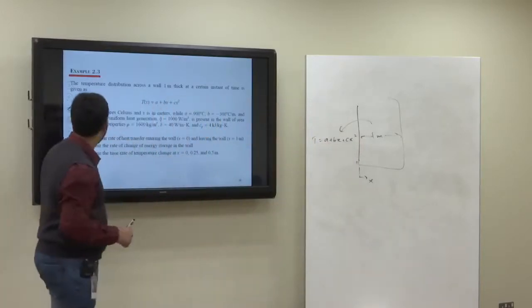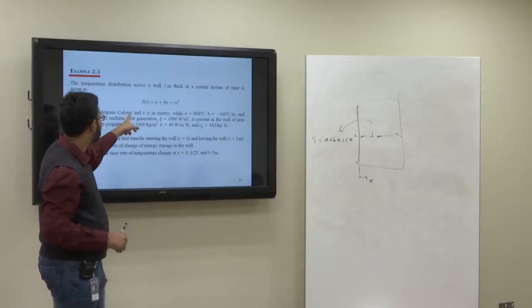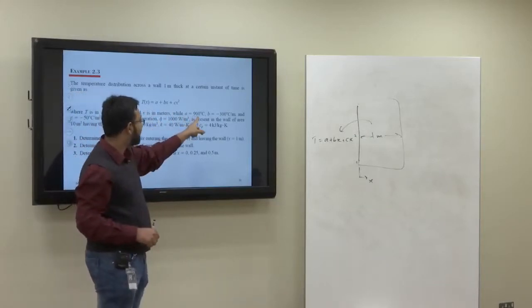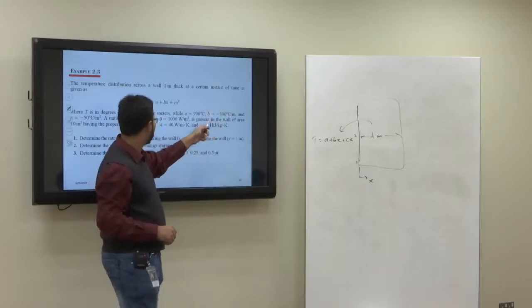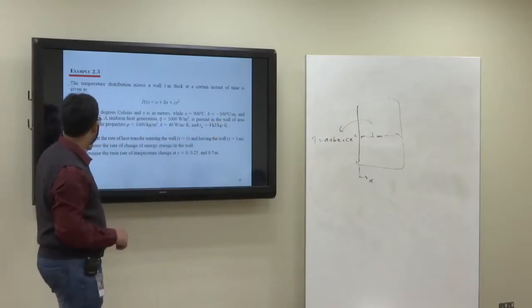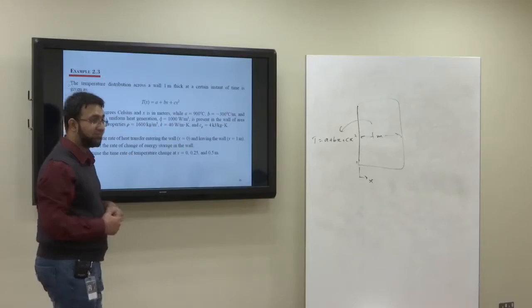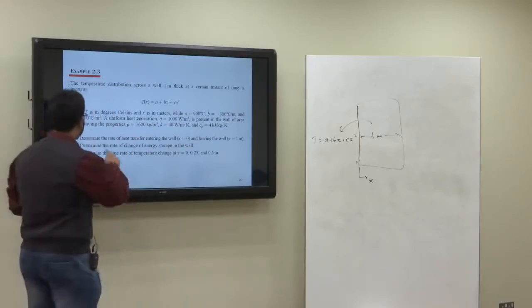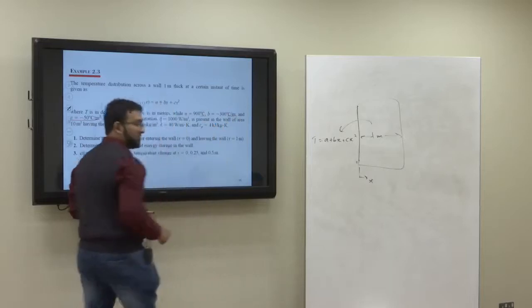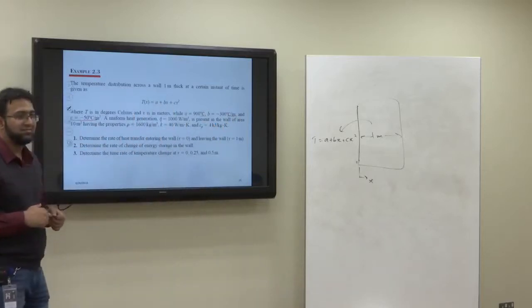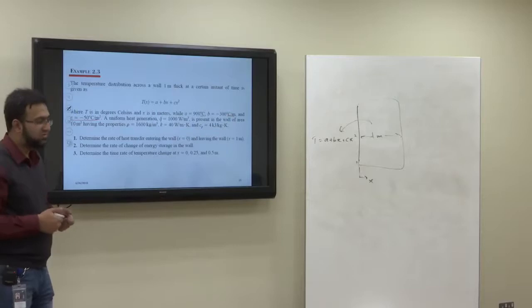Where T is in degrees Celsius and x is in meters, while A is 900 degrees centigrade, B is negative 300 degrees centigrade per meter, and C is negative 50 degrees centigrade per meter square. Why are they given in centigrade per meter square, centigrade per meter, degree centigrade? It corresponds to the equation.